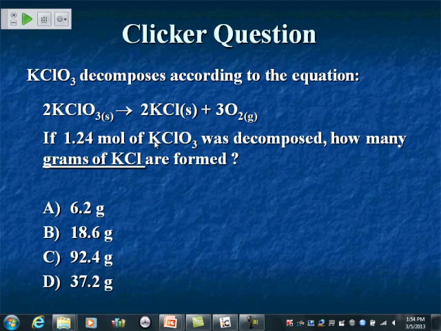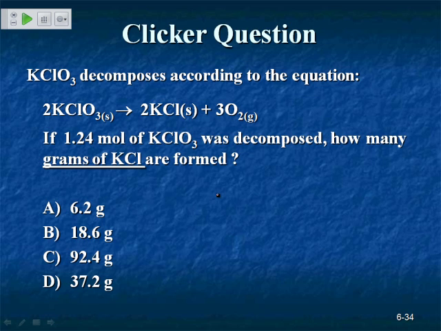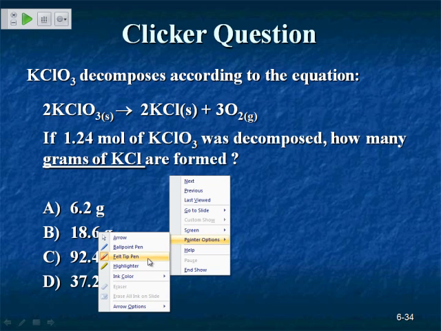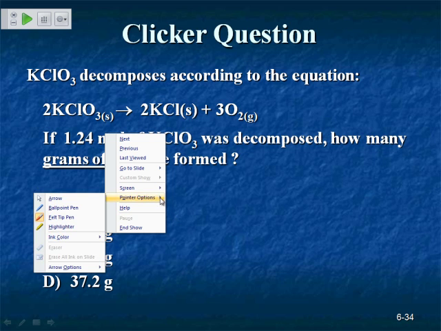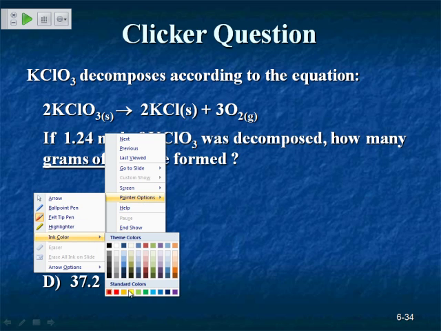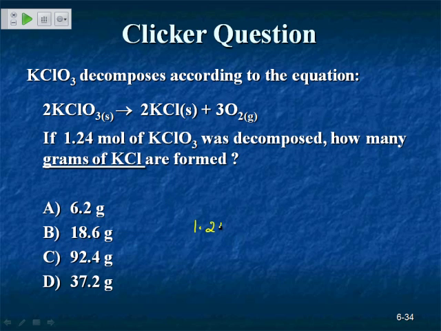But the question is asking how many grams of potassium chloride is there. So all you need to do is convert the 1.24 moles to grams using molar mass of what? KCl. So the setup would be 1.24 moles of KCl multiplied by, what is the molar mass of KCl? 74.55 grams of KCl in 1 mole of KCl.